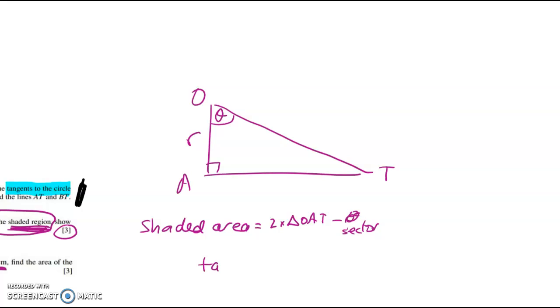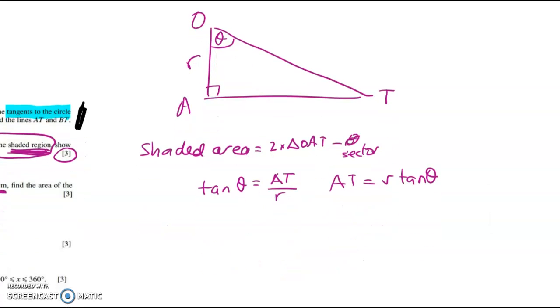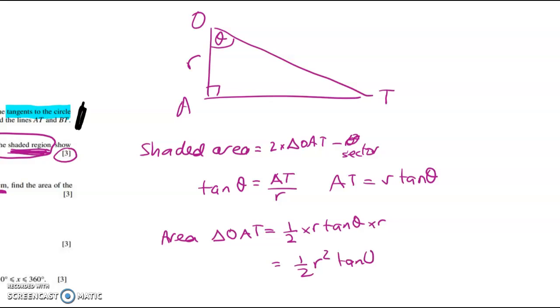Well, tan of theta is equal to length AT divided by r. So AT is equal to r tan theta. That means that the area of triangle OAT is equal to half the base r tan theta times r, which is 1/2 r squared tan theta.